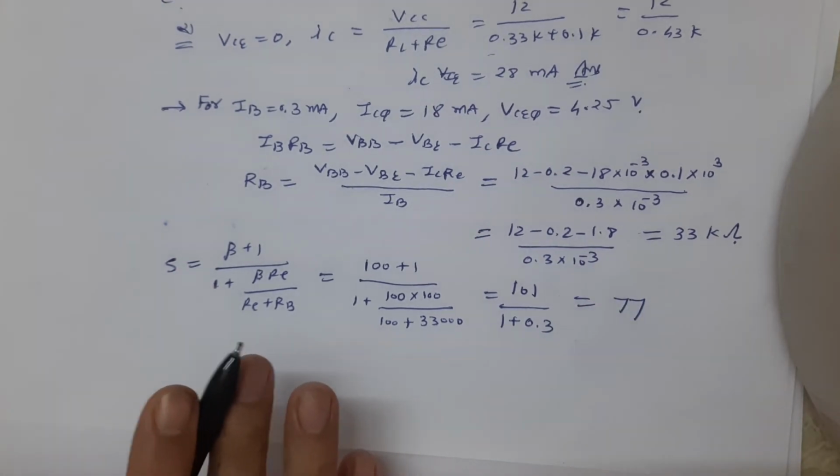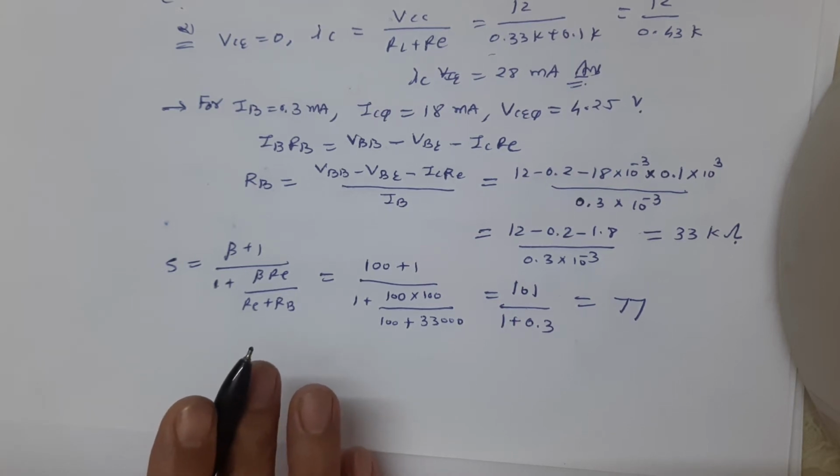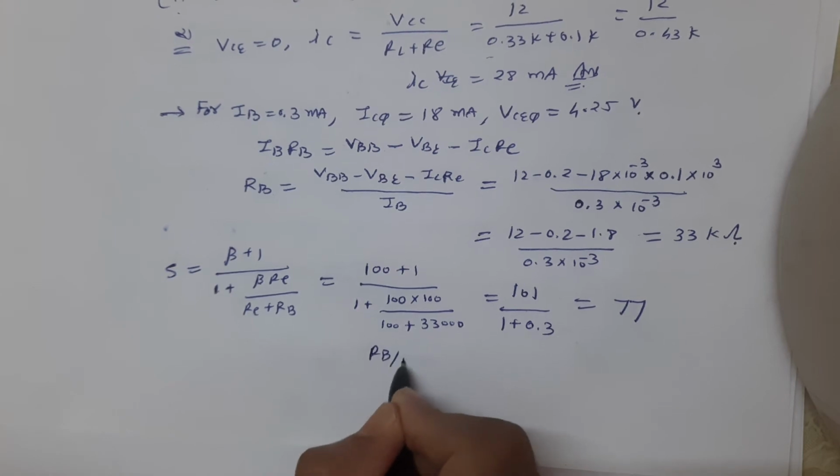This is not a great reduction in stability factor S. It is nearly 101 reduced to 77. But this is due to the relatively large ratio of RB upon RE.